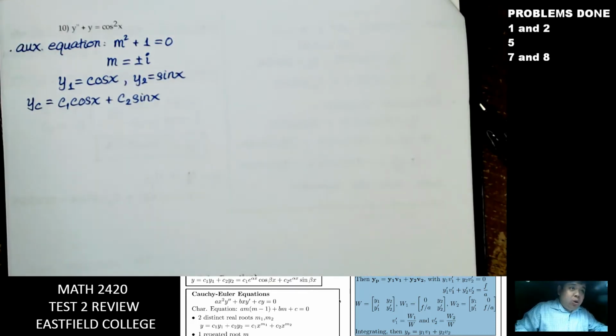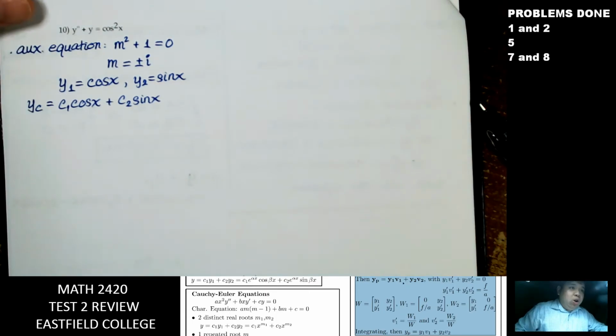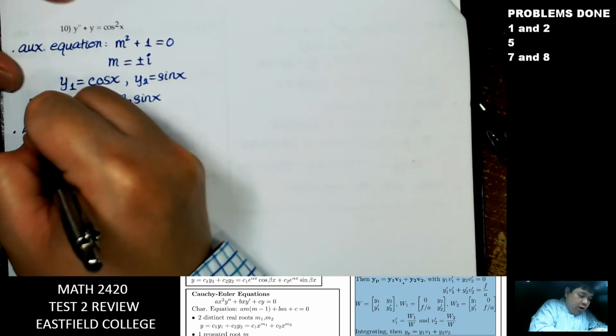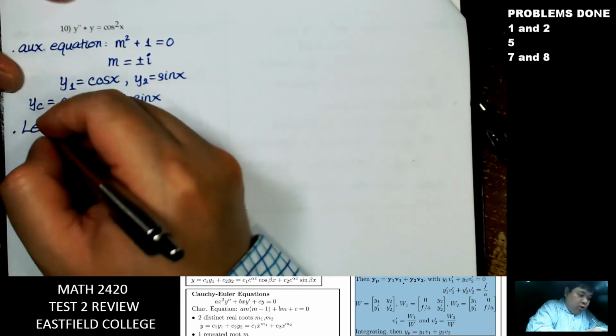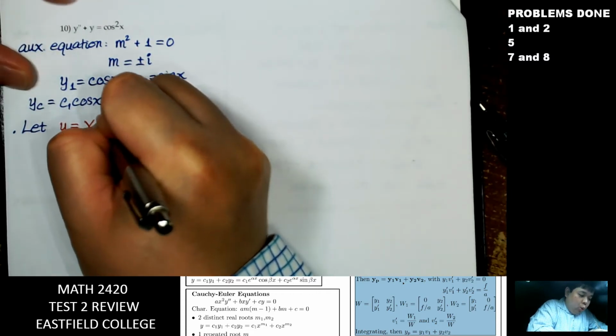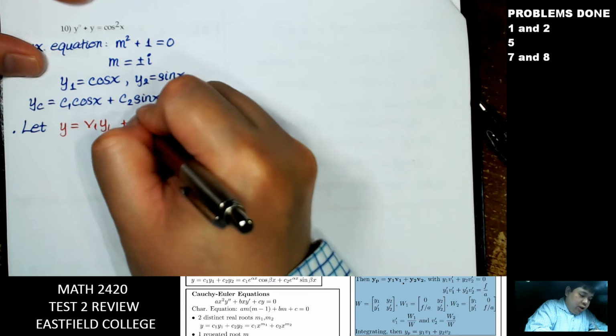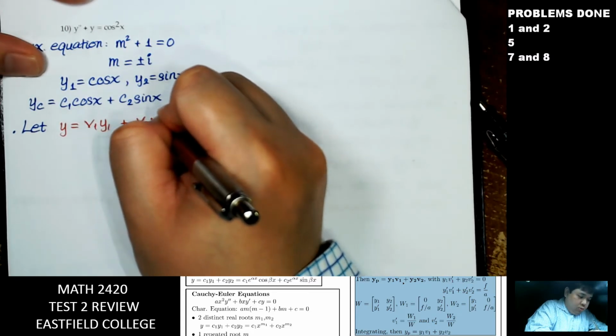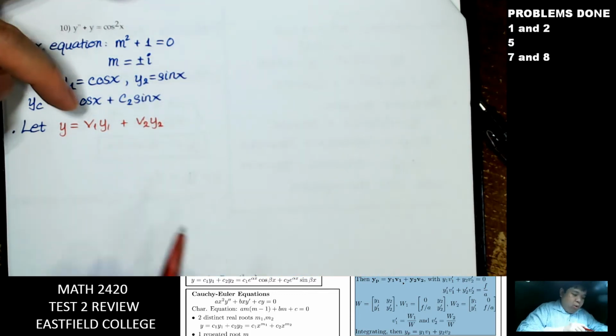Notice that in the formula we need to have y1 and y2 in order to do variation of parameters. Next, variation of parameters. The principle is we're going to let y equal to v1 y1, we know y1, plus v2 y2, we know y2.